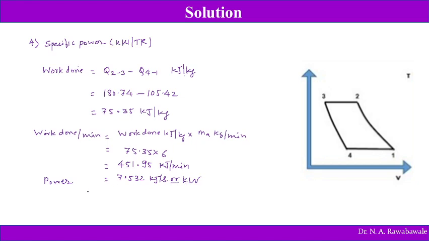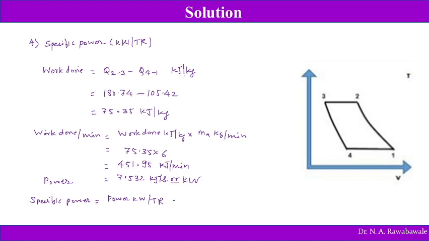So we know that 1 ton of refrigeration is nothing but 3.52 kilowatt of refrigeration. So specific power is equal to power in kilowatt divided by ton of refrigeration.